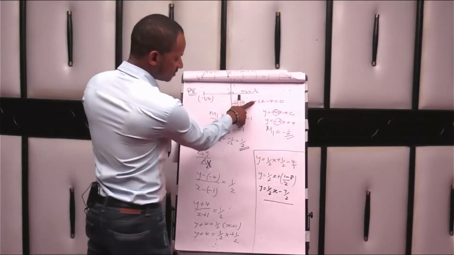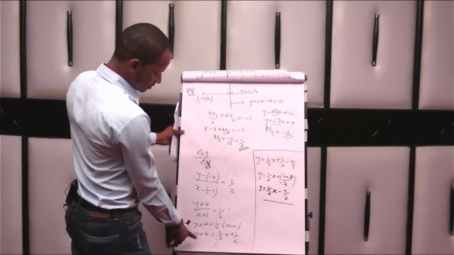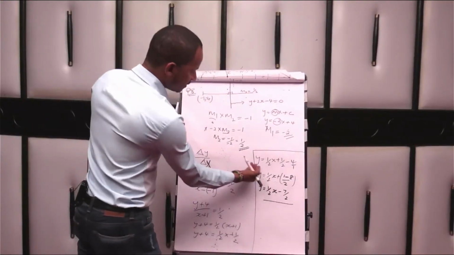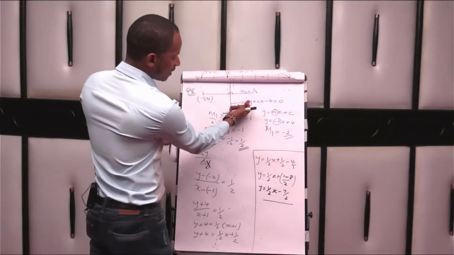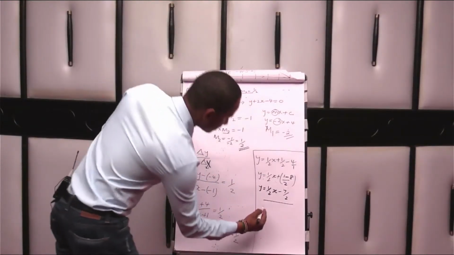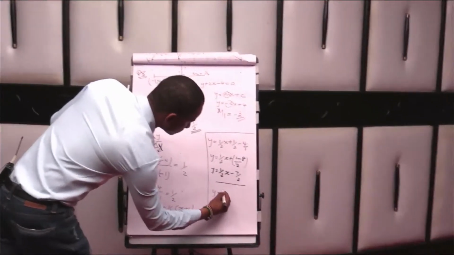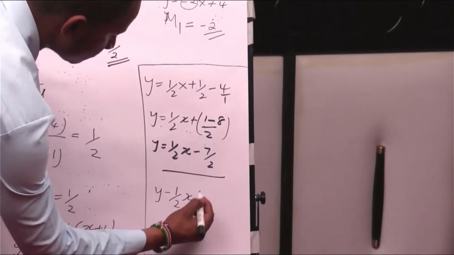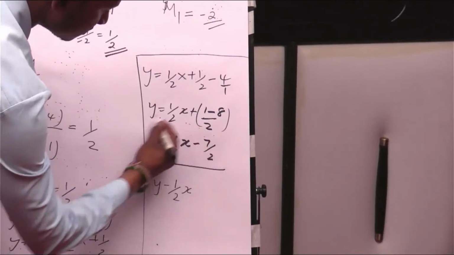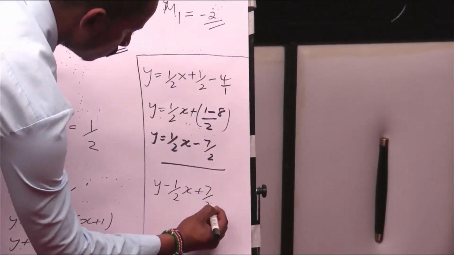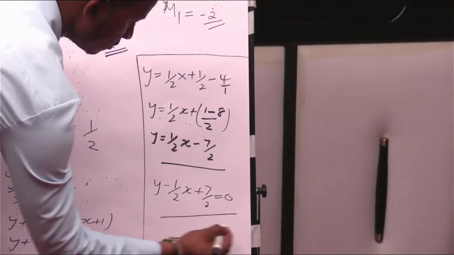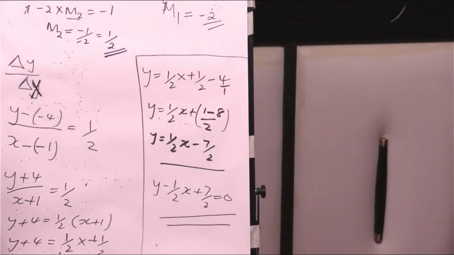And if you want to leave it in this form, then you open it up. You collect the y's, they all come on this side, this is y, then equals a half x, crosses the other side, becomes minus a half x, then this crosses the other side, becomes plus 7 over 2 equals 0. Both of these are correct.